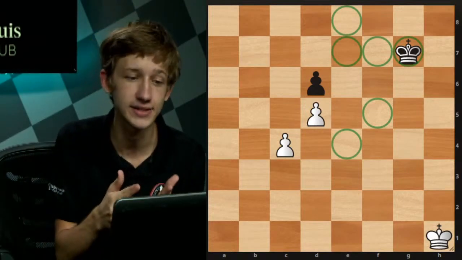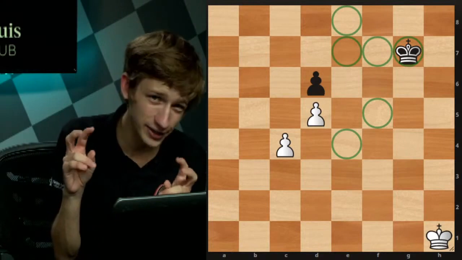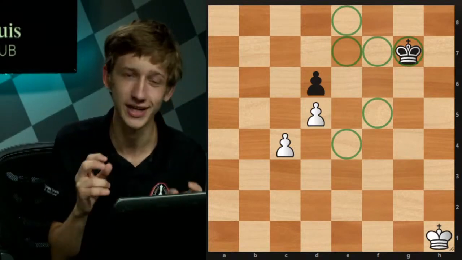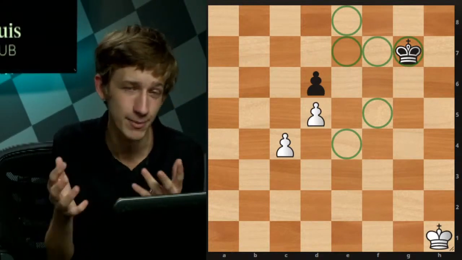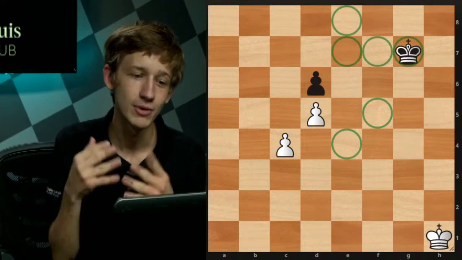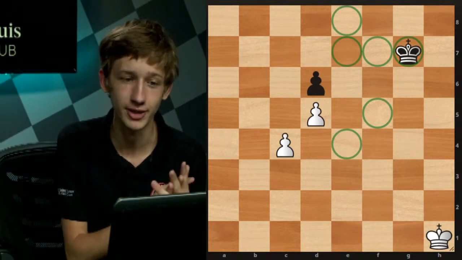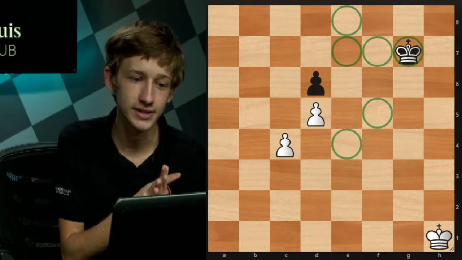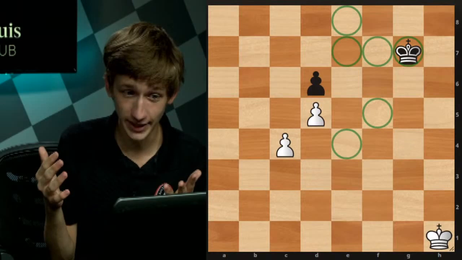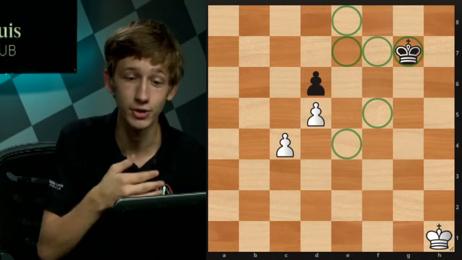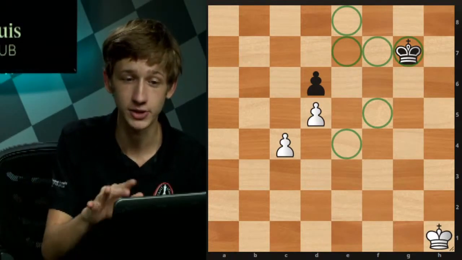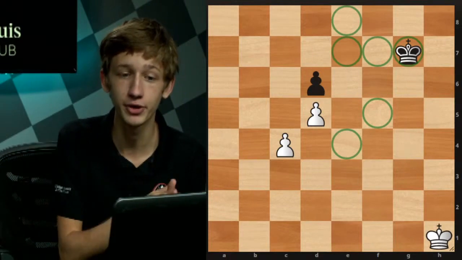Dvoretsky has this system of looking at mined squares, but that one is very much on a case-by-case basis, and you sort of have to examine the entire position to figure it out, which is why I really like this system laid out by Zarin in Averbach's book. Because it's more of a system, right? You take a look at a pattern, you recognize what's going on, and then you can build your system out from there.